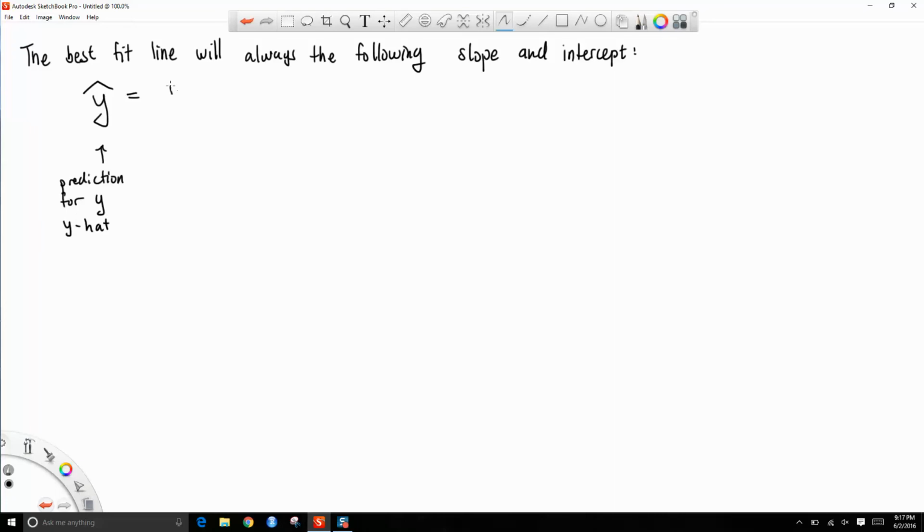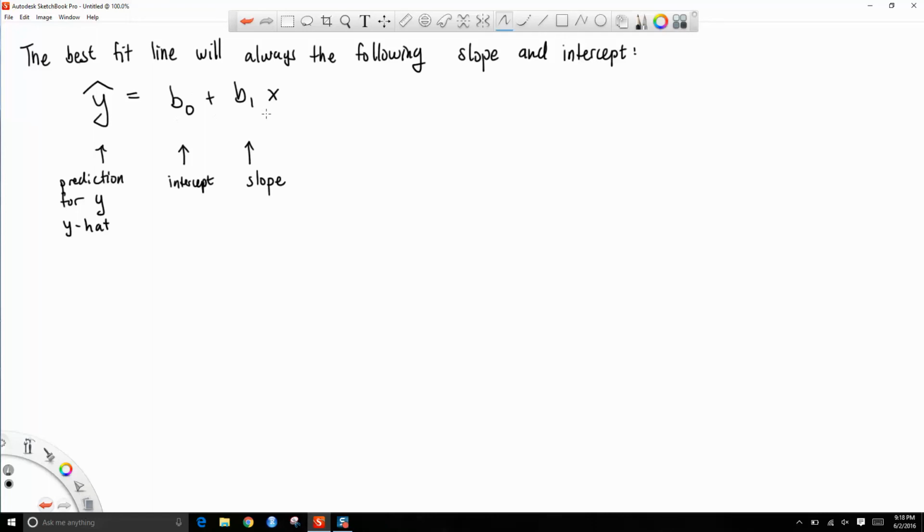It is equal to b0 plus b1x, the intercept and slope. In algebra you learned y equals mx plus b. Here we turn the terms around and put the intercept first and then the slope.